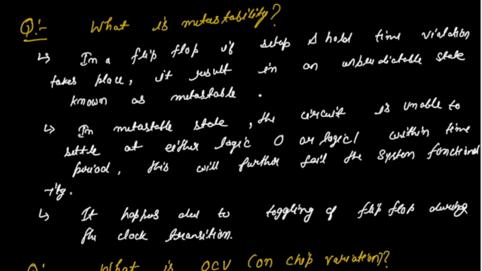In the metastable state, the circuit is unable to settle to either logic 0 or logic 1 within the time period. This will further fail the system functionality. It happens due to the toggling of the flip-flop during the clock transition. So you have to fix the timing violation.